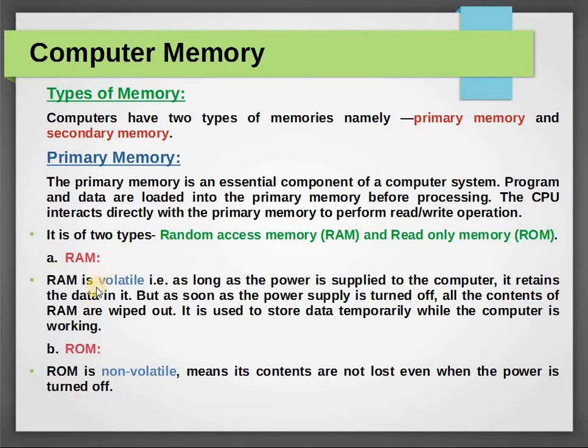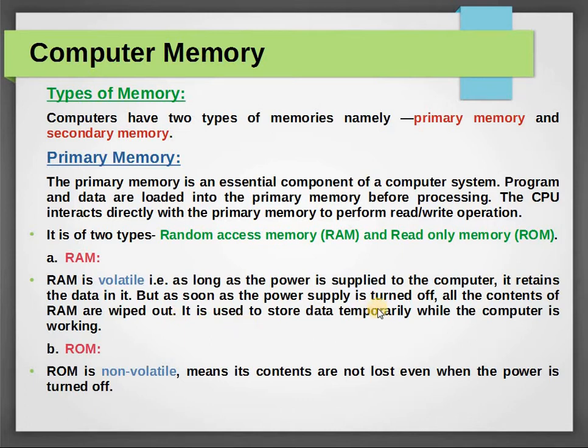First is RAM. RAM is a volatile memory, that is, as long as the power is supplied to the computer, it retains data in it. But as soon as the power supply is turned off, all contents of RAM are wiped off.